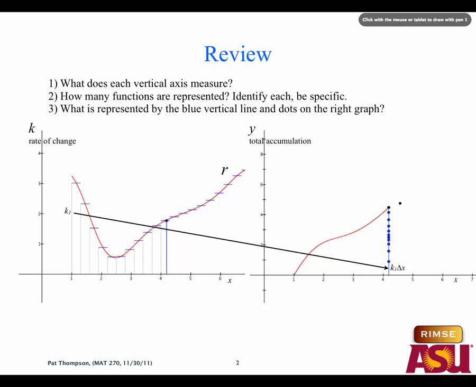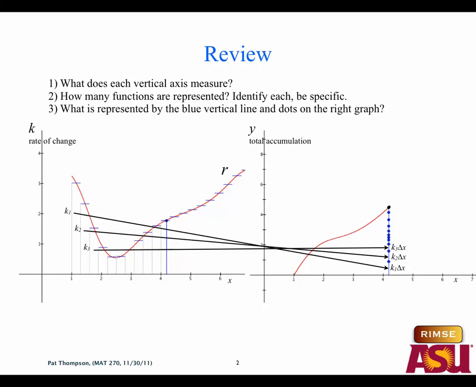So for the first constant rate, K1, there's a corresponding delta y, and so that is that much accumulation. And then for K2, you've got the next little bit of accumulation between those two dots. Similarly for K3. So then what does this point represent right here? That point means the total accumulation for the current value of x.